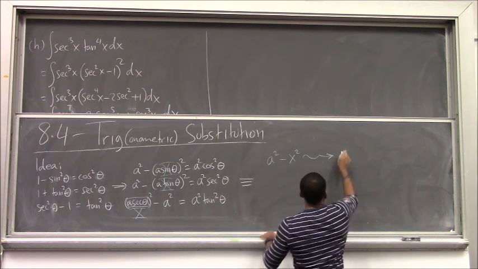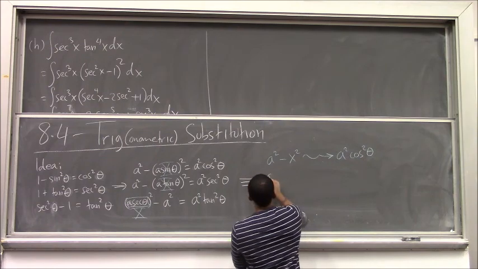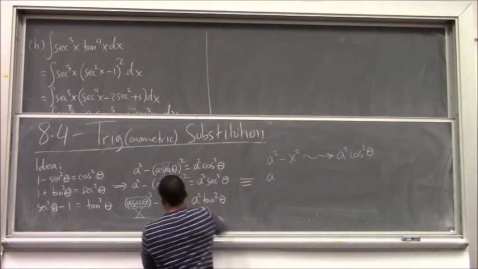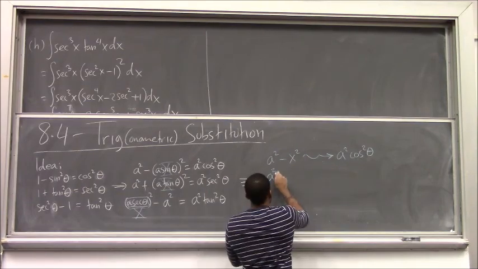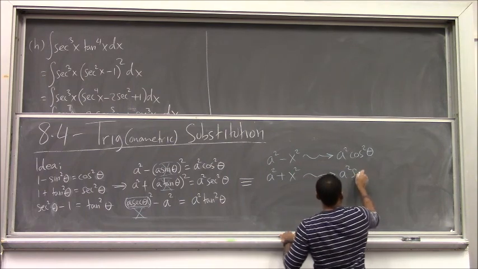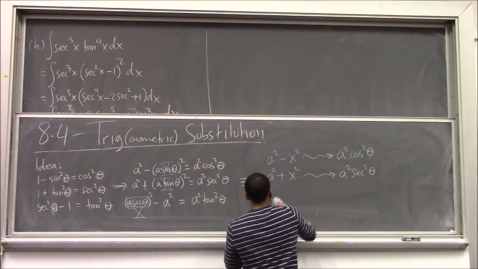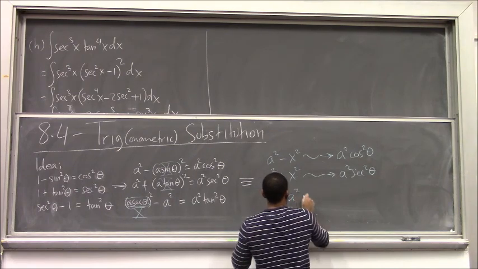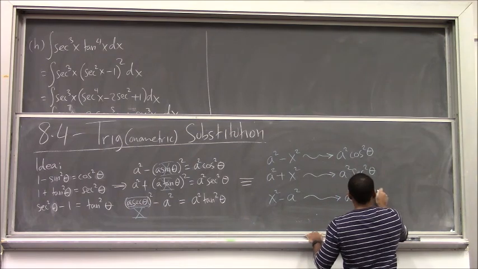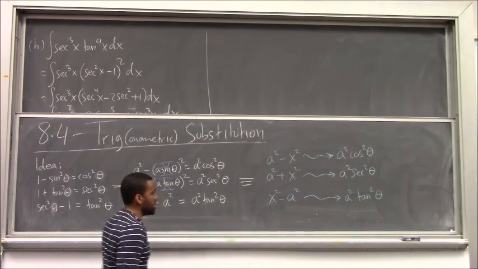Somehow that seems equivalent in your mind with seeing a squared cosine squared. If you see something like a squared plus x squared, you can draw an equivalence in your mind with a squared secant squared. And if you see something like x squared minus a squared, there's some sort of equivalence in your mind with a squared tangent squared.